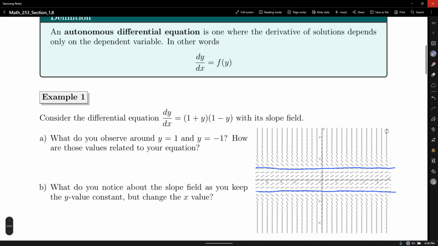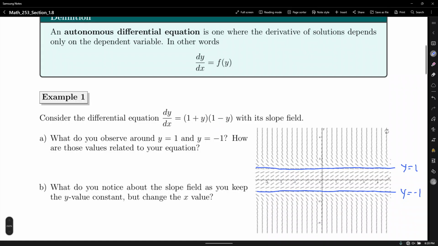While for y equals 1 all these functions approach that y value, at y equals negative 1 we seem to have these functions going away from that value.